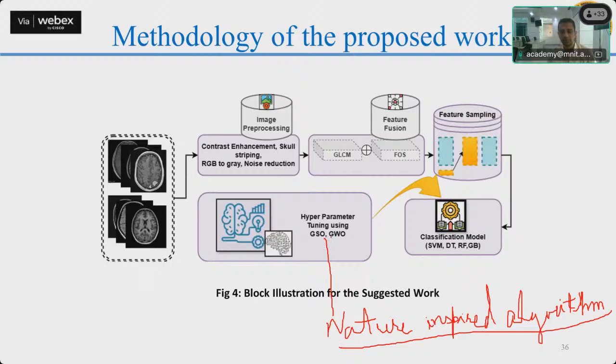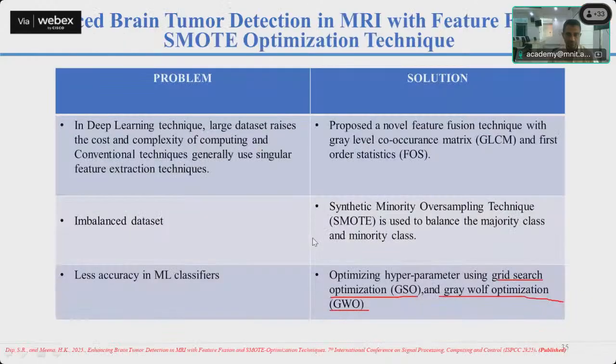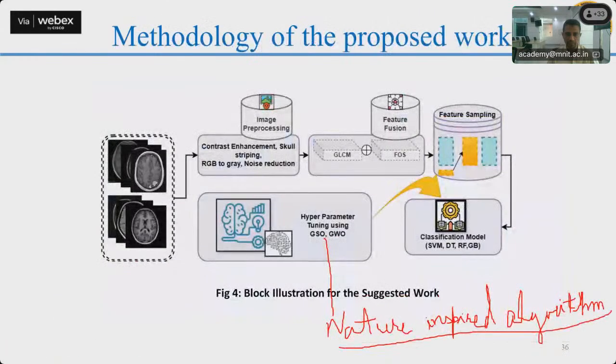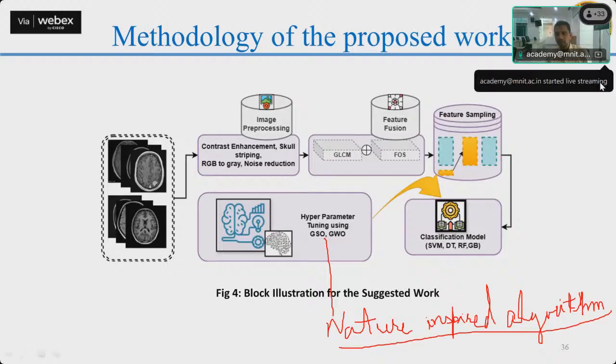This is the gray wolf optimization, and this is the grid search optimization. Other nature inspired algorithms are also there, like particle swarm optimization. I think you would have definitely heard about these things, so it would be clear where we use them. Any question regarding it?